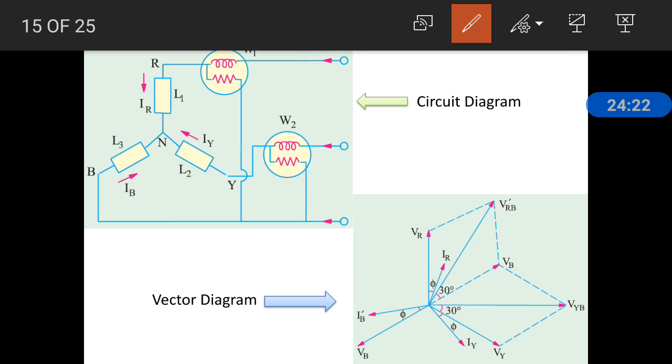Now we have to find the voltage across W1, which is VRB, that is VR minus VB. We have VR but we don't have minus VB, so we extend VB into minus VB here.